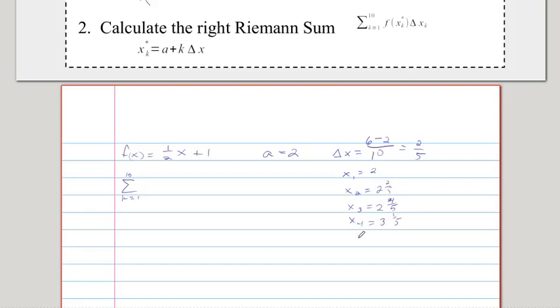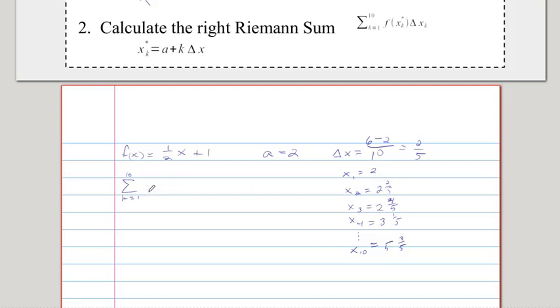And then all the way down to the bottom, x to the 10th. Now because we're doing left endpoints, this last one shouldn't be 6. It should be 1 delta x before 6. So 2/5 before 6 should get me down to 5 and 3/5, because I want that left endpoint to be what hits the graph on my last rectangle.